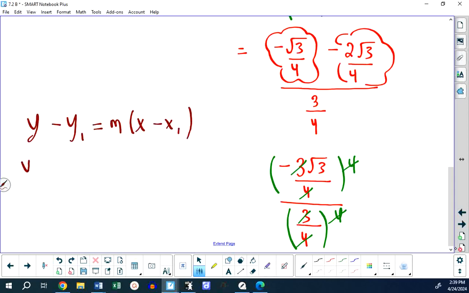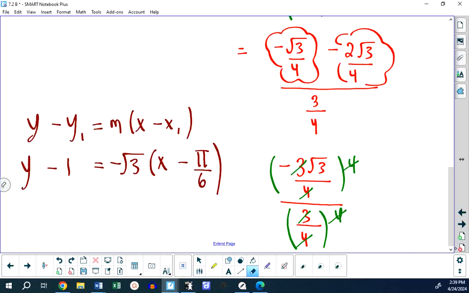So I'm going to have y minus the y-coordinate equals the slope times x minus the x-coordinate. So the y-coordinate was 1, the x-coordinate was pi over 6, and the slope was negative root 3. I think that looks good. Don't try to get rid of this 6 in the denominator right now because it's buried inside of brackets. Multiply it out first to expose it.